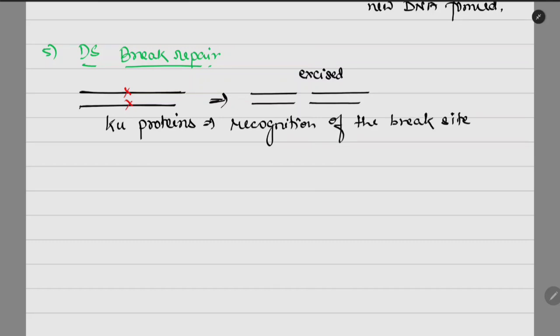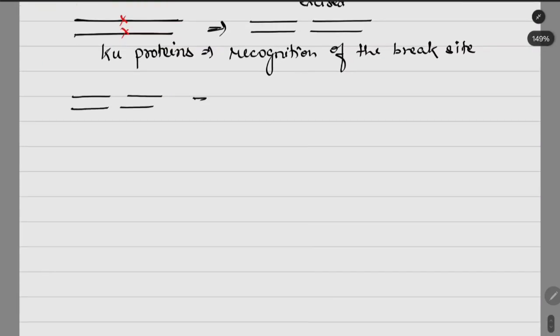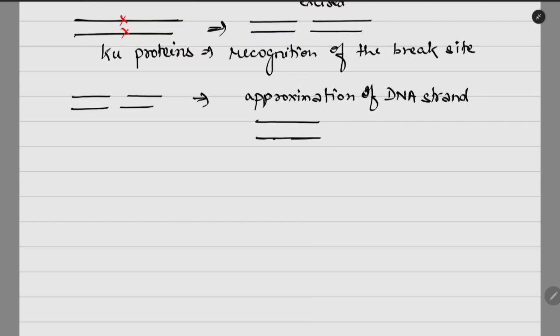After this excision, there is approximation of DNA strands. Approximation means the nearing points of these DNA strands take place, so that the repairing could be done much more easily. Approximation means closeness. This closeness is done here.